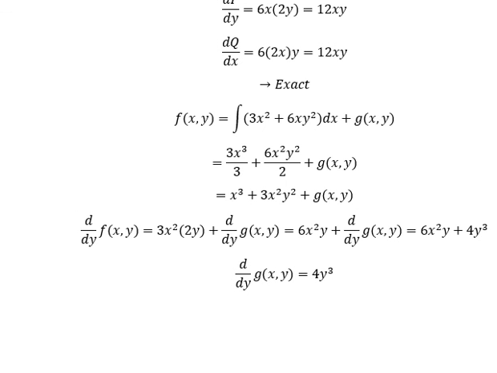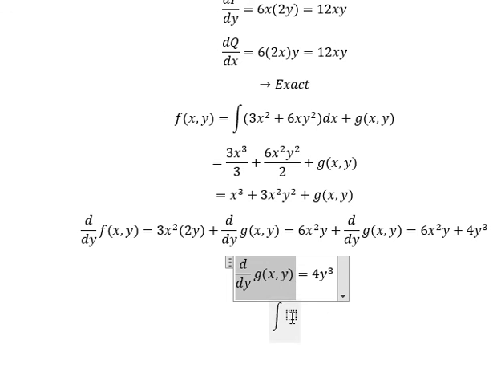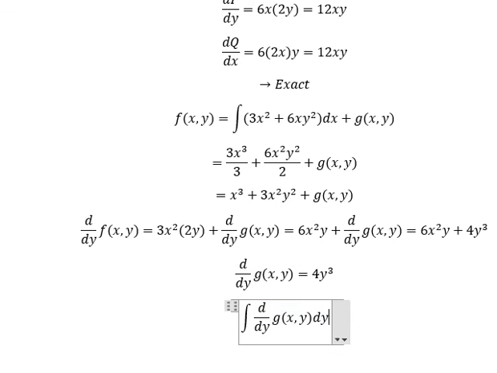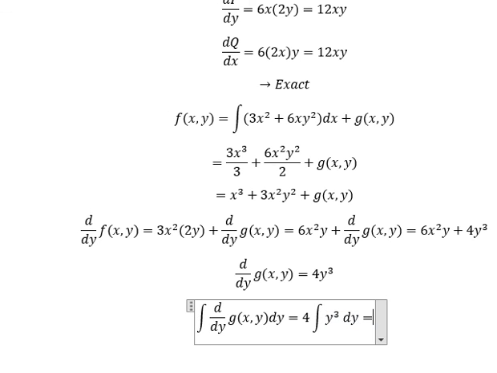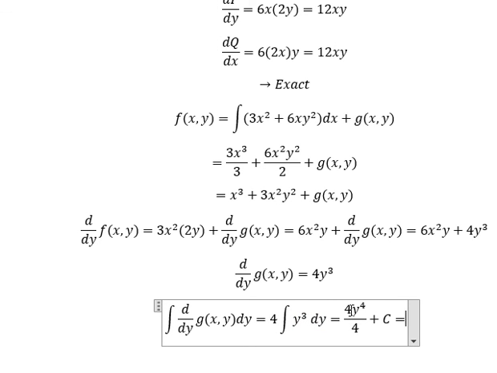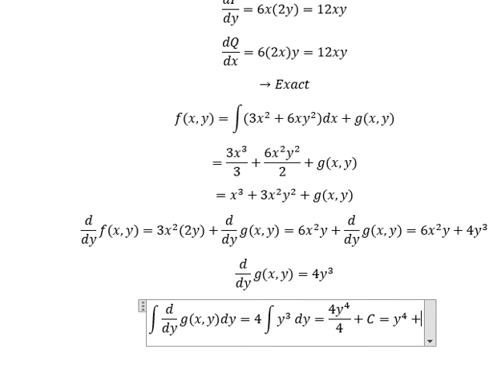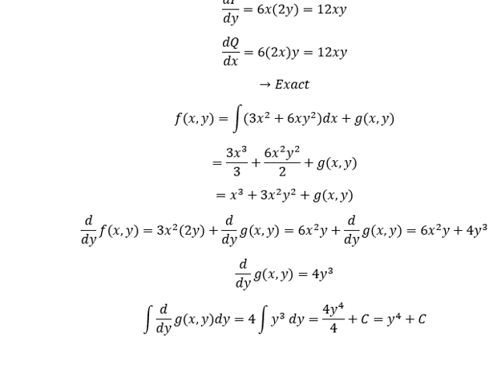Next, we need to do the integration for both sides. And now we have like this. So 4 divided by 4 is 1, and I will put c.